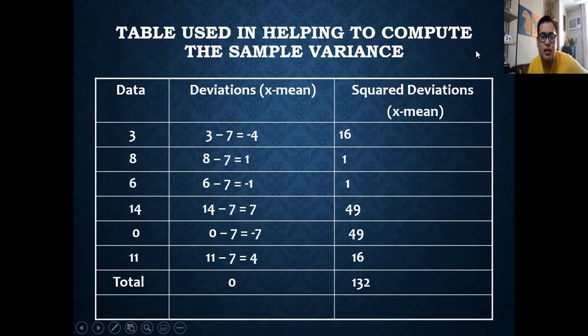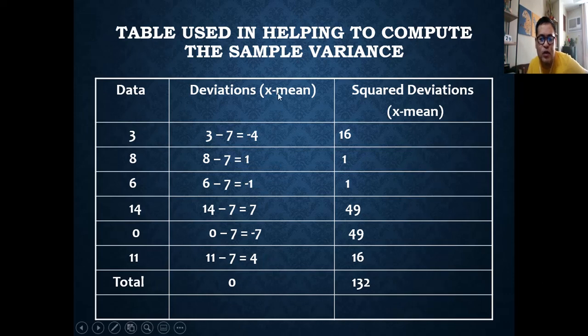Okay, here it is. The table shows that you are to write all the scores. Since we computed 7 as the mean, we have to subtract 3 minus 7, 8 minus 7, 6 minus 7, 14 minus 7, 0 minus 7, 11 minus 7. So we have the difference here.